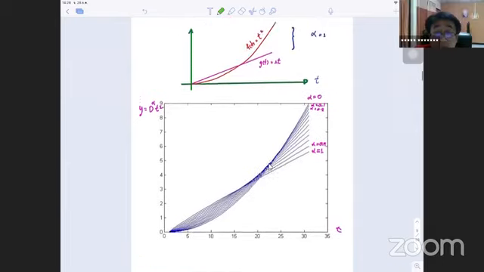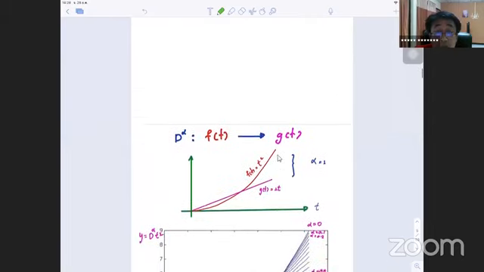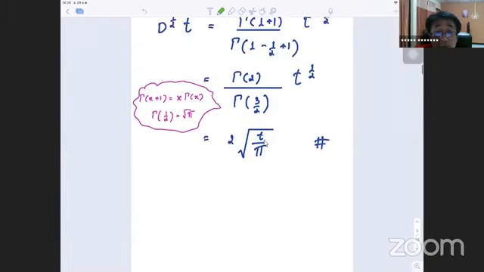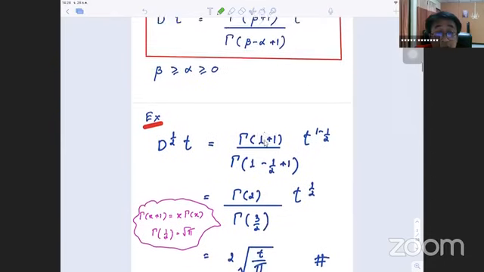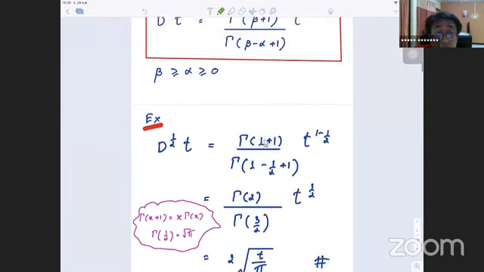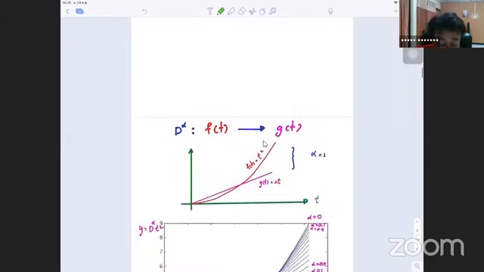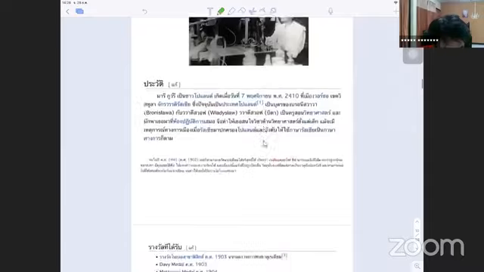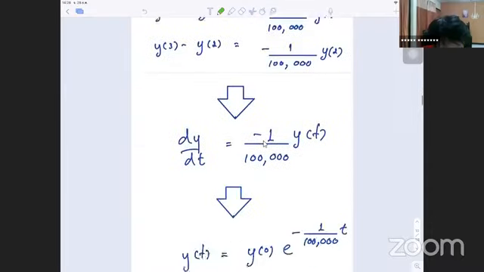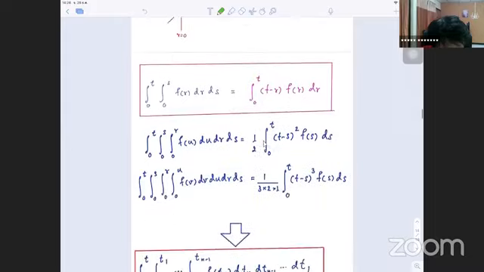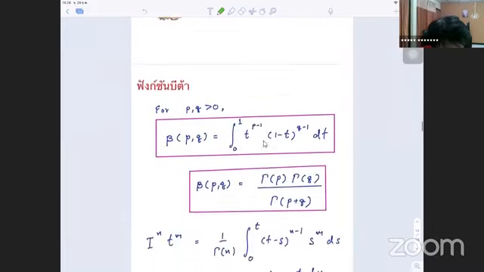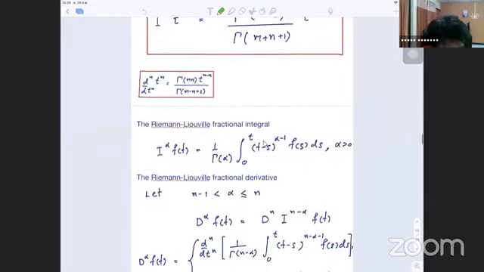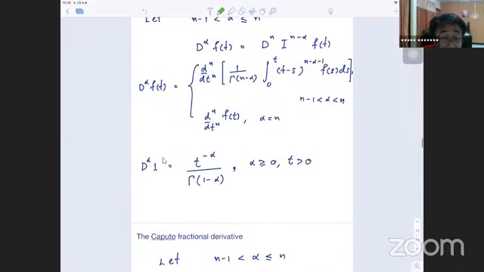For example, the Riemann-Liouville: this is the formula of the fractional derivative of a constant, equal to this.